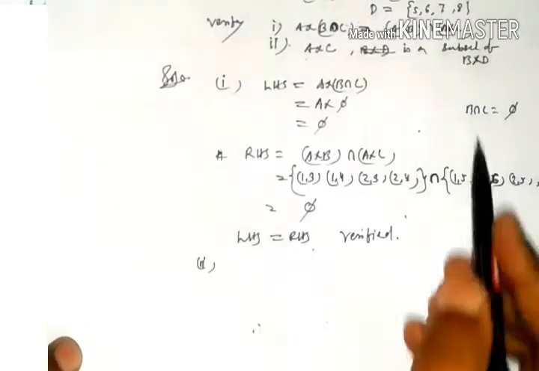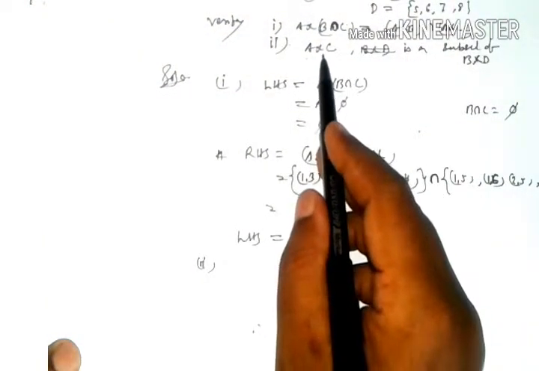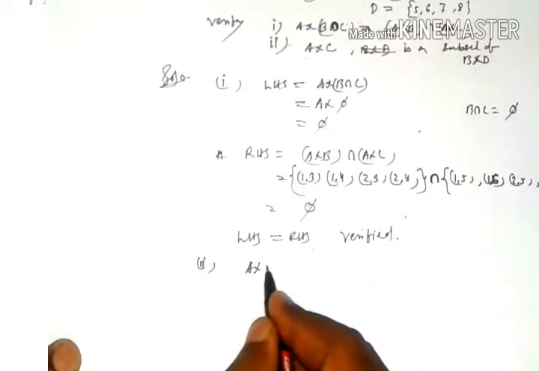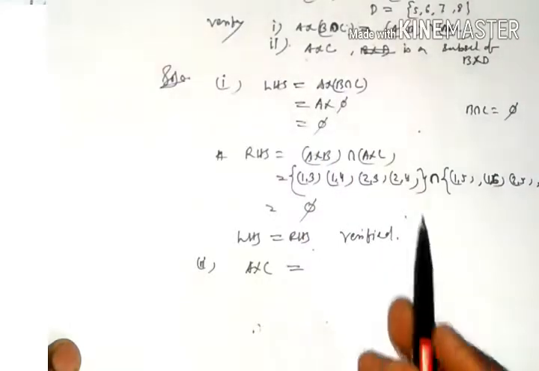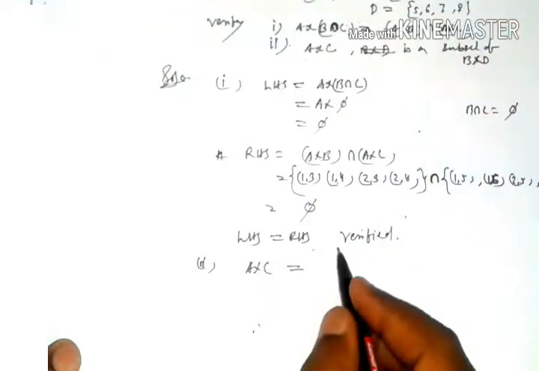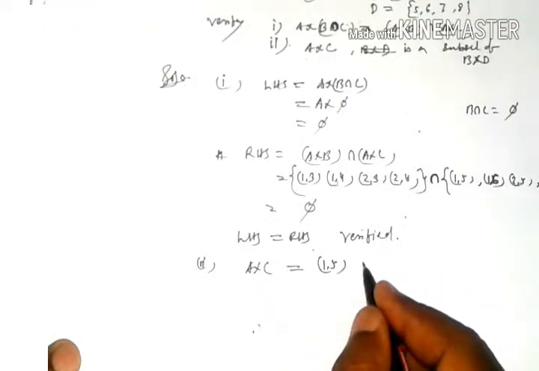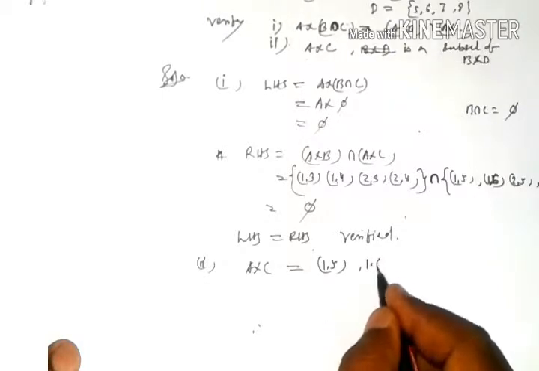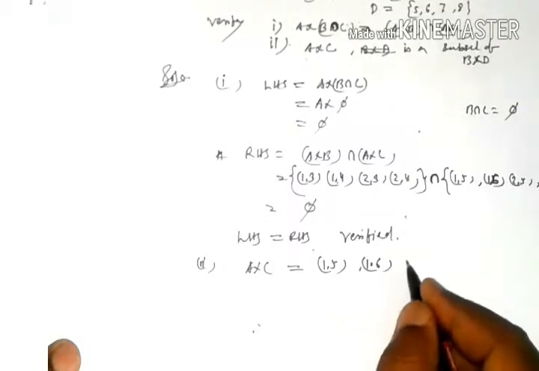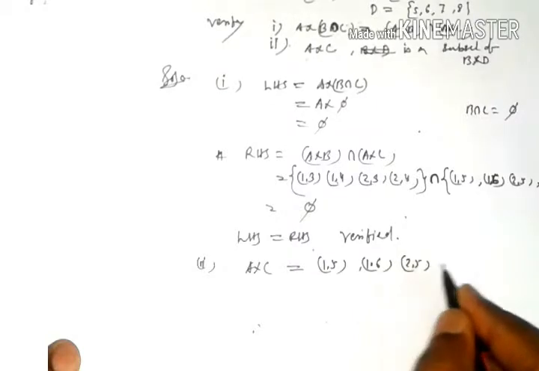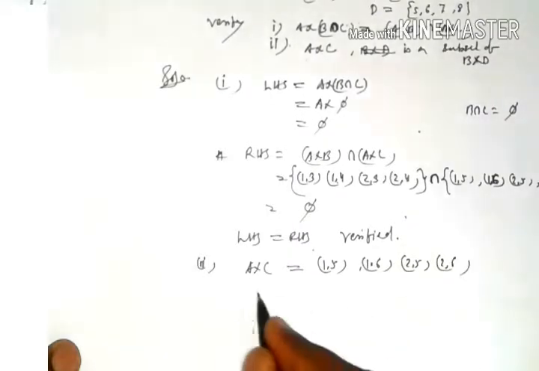Second, A cartesian product C. What is A cartesian product C? (1, 5), (1, 6), (2, 5), (2, 6).